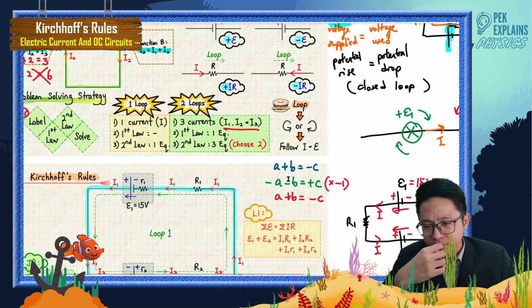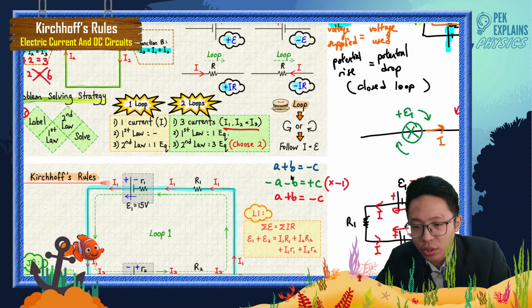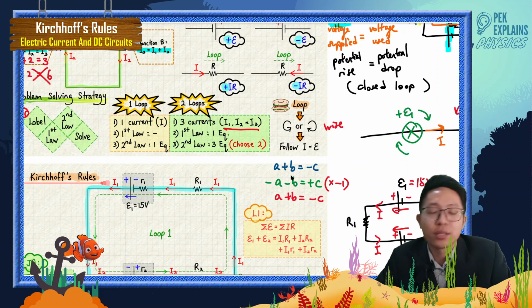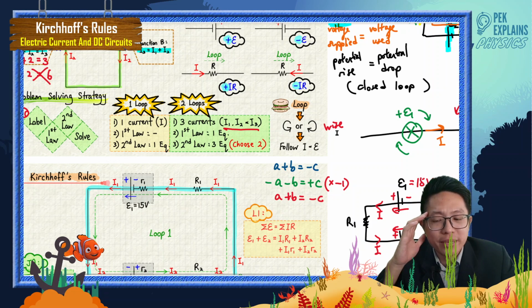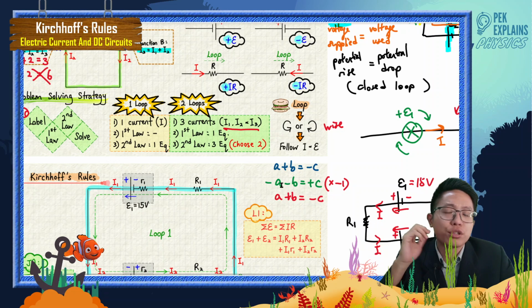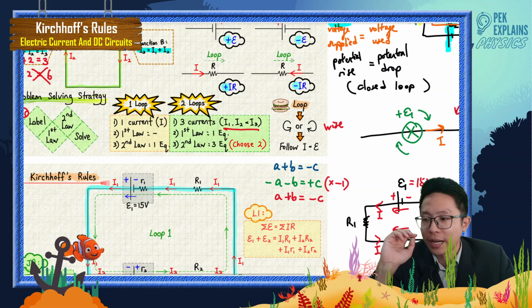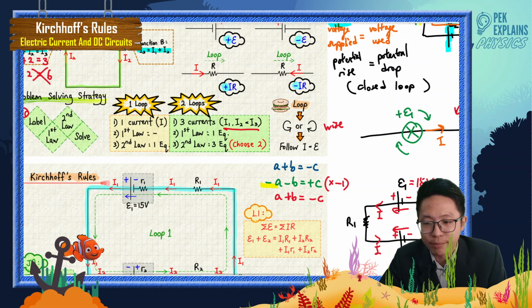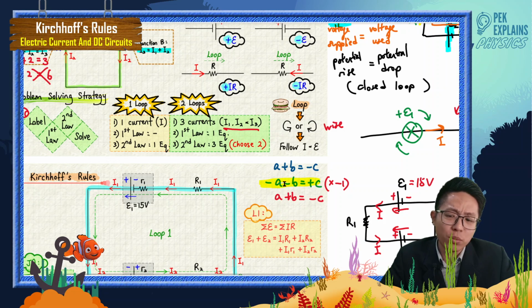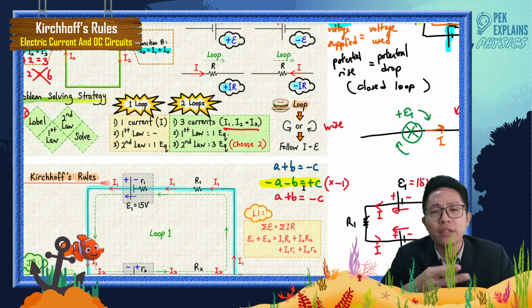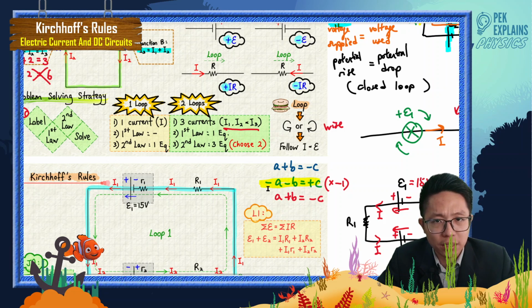It's just that this also depends on a wise choice. What I mean by wise choice is we try to prevent equations which have many negatives like this. Try to prevent, because with negatives, we normally tend to make mistakes. Sometimes we forget to put the negative, then it's wrong already. Understand?